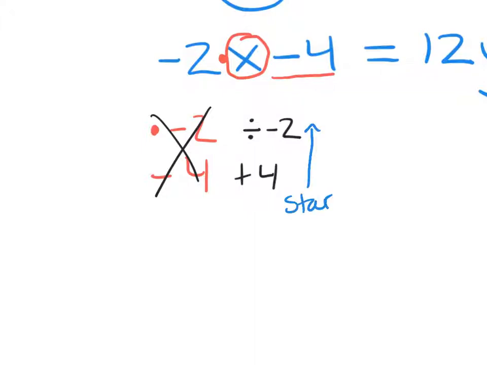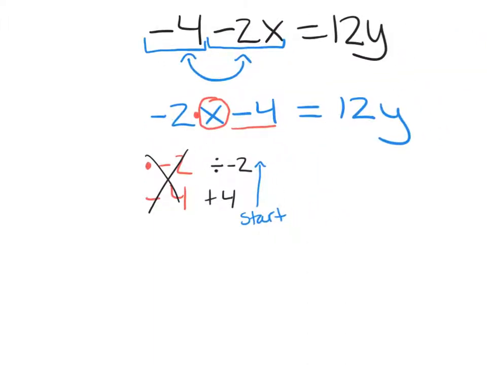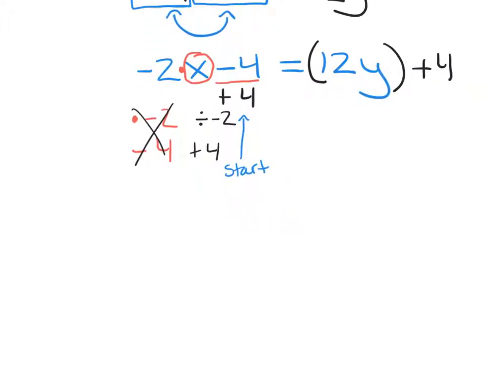So we're going to start by adding 4 to both sides. Again, it's the whole side that we add 4 to. So plus 4 and plus 4. So we'll be left with just our negative 2x equals. Do I still need those parentheses, or can I just say 12y plus 4?